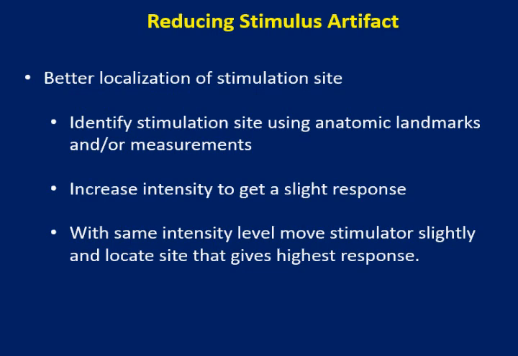Thus, we bring the stimulator to a location that is very close to the nerve. Then we increase the intensity to get the maximum response. By reducing the intensity for maximal response, we can have much less stimulus artifact.